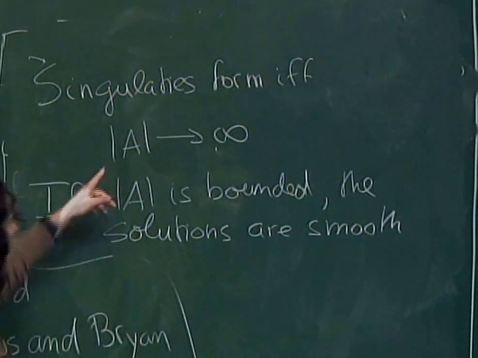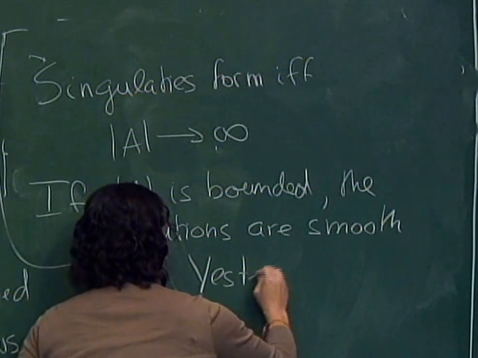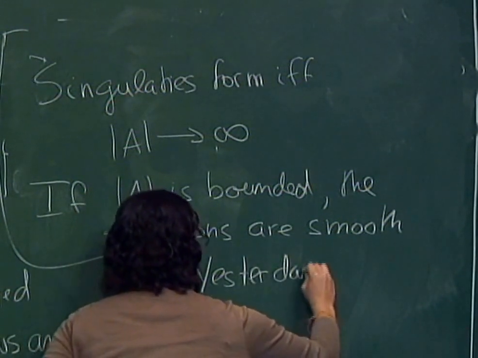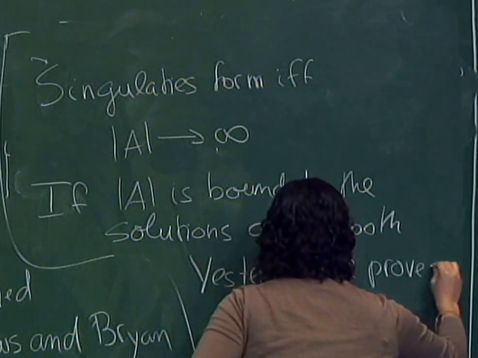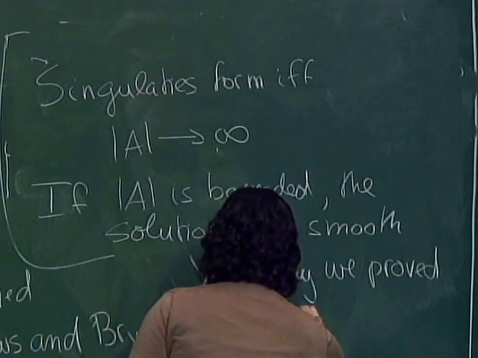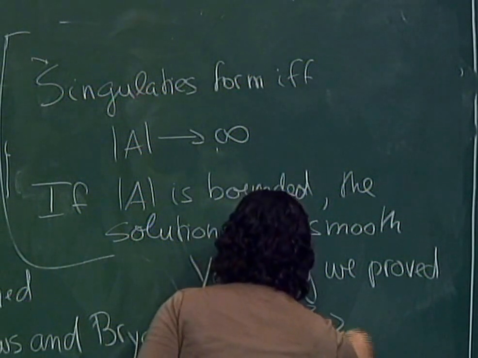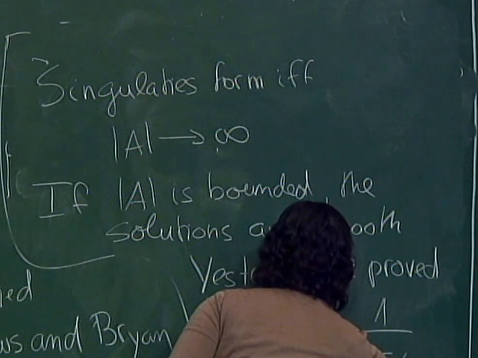And yesterday we proved that A squared is bigger than 1 over 2(T minus t).